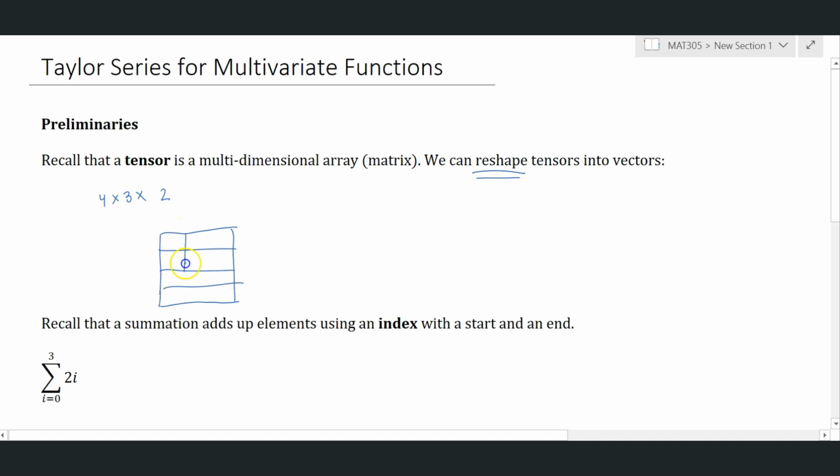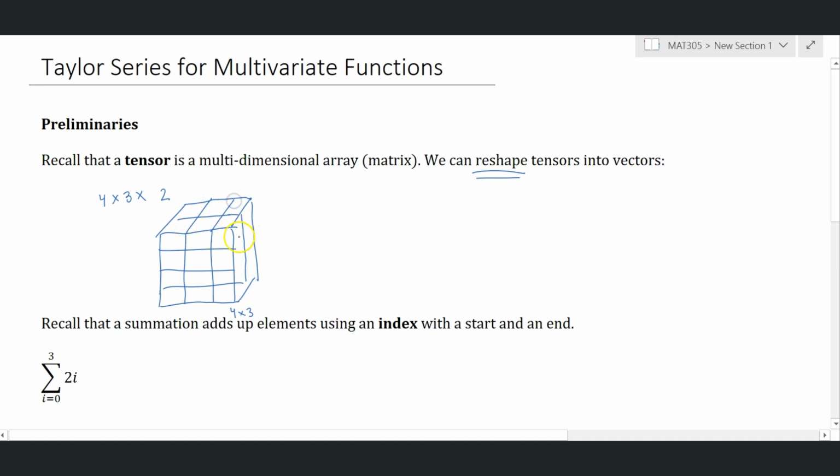So I'm just going to represent this as that 4 by 3 matrix. Now the fact that we have 4 by 3 by 2 is what makes this thing a tensor. And what we should see here is that there's actually a second layer to this. It's as if instead of just having one 4 by 3, we have two 4 by 3s stacked together.